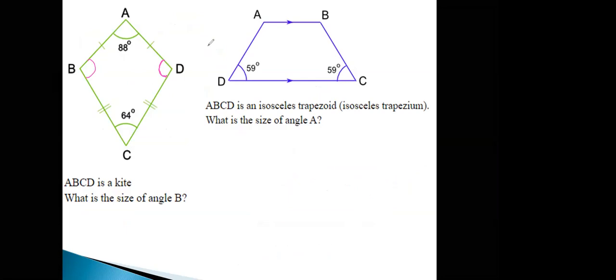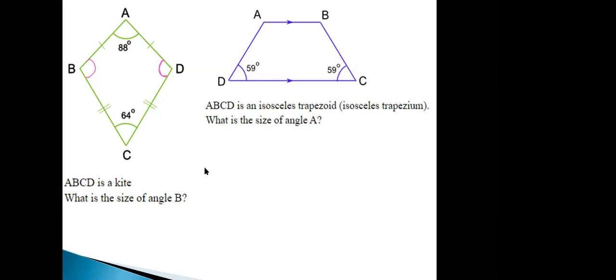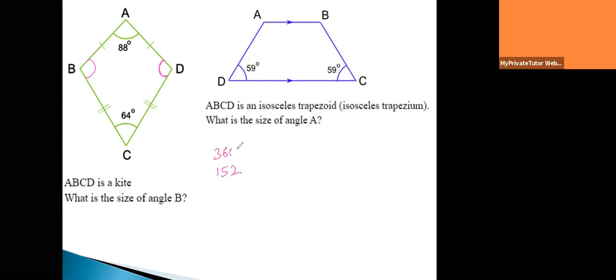So 88 plus 64. 88 then plus 64. 152. Take away from 360.